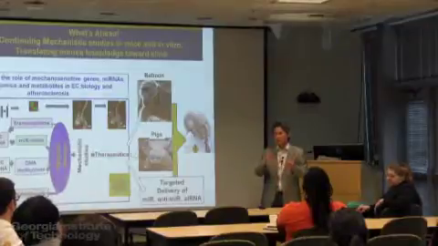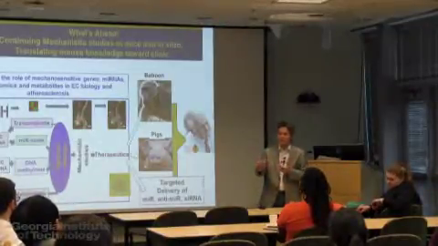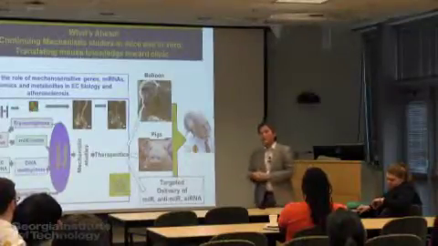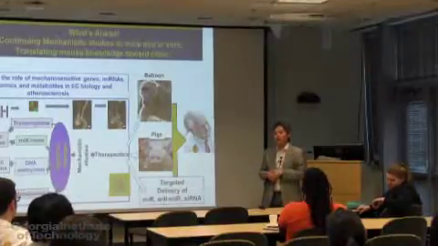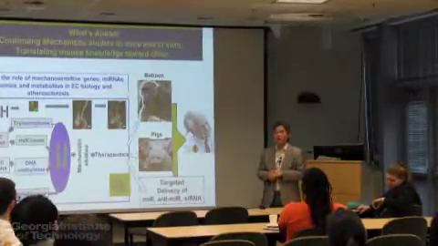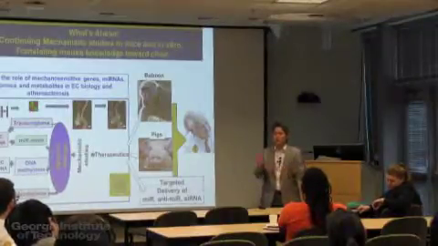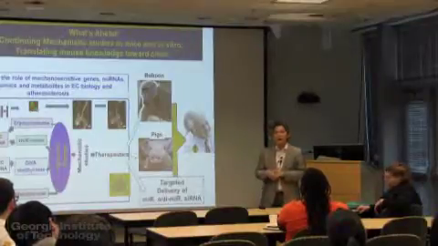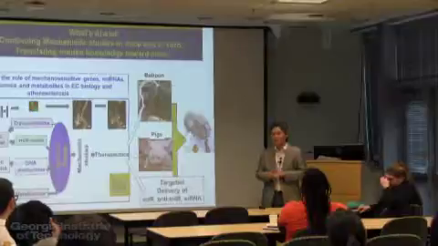PCSK9 is made in the liver, goes out into circulation, and binds to the LDL receptor. It leads to a downregulation of the LDL receptor. So if you have a high level of PCSK9 through viral infection, then you can effectively cause LDL receptor reduction. And if we do that, we can use regular mice, and we can cause atherosclerosis.